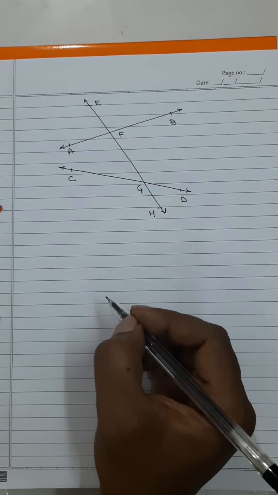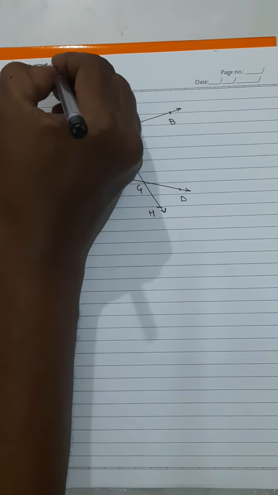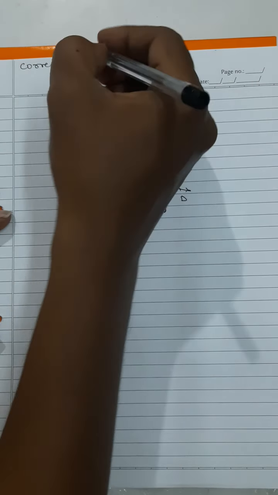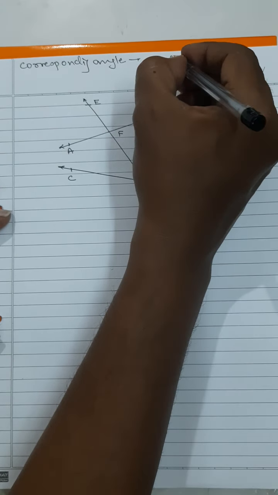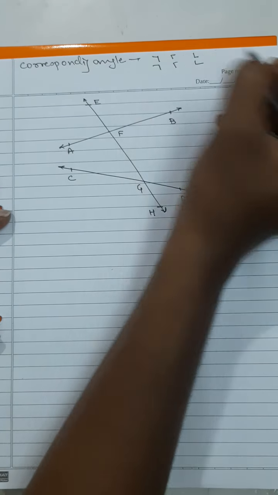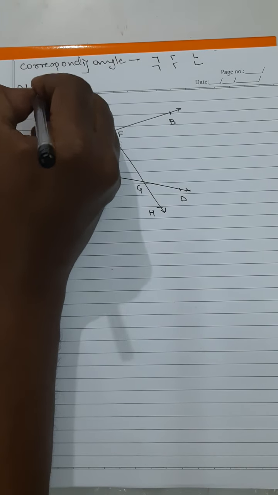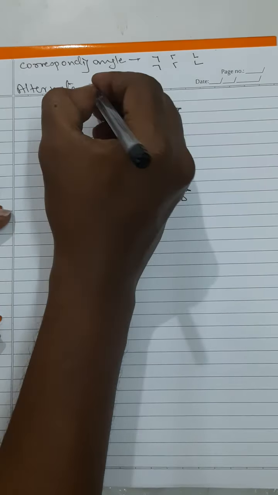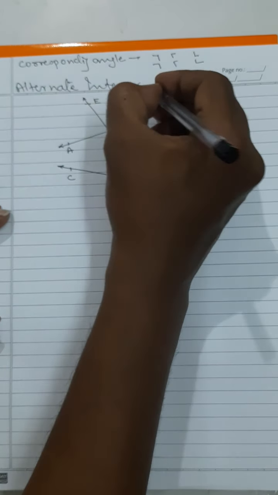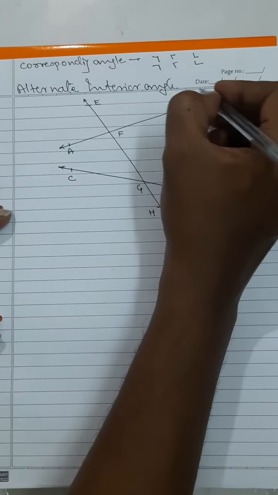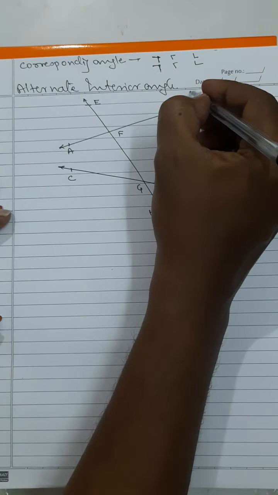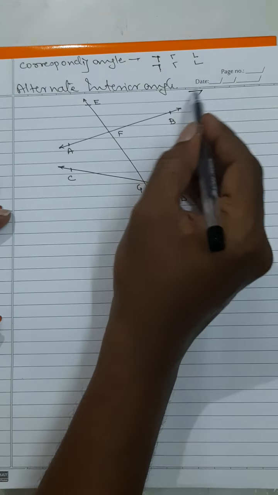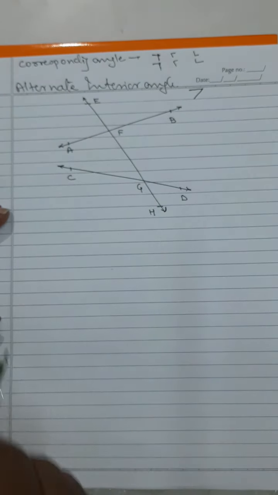Okay, so now if I talk about interior angles, I repeat, my dear students, for corresponding angles we have to see that various forms of L are there, fine. And for alternate interior angles we have to see that Z. Remember, corresponding angles are entirely two different separate angles, but alternate angles will be, now supposing one alternate angle is like this, the other alternate angle will be generating from the previous one.